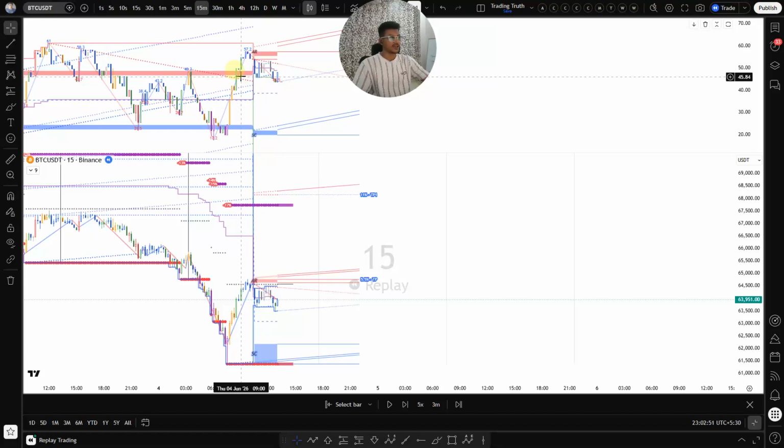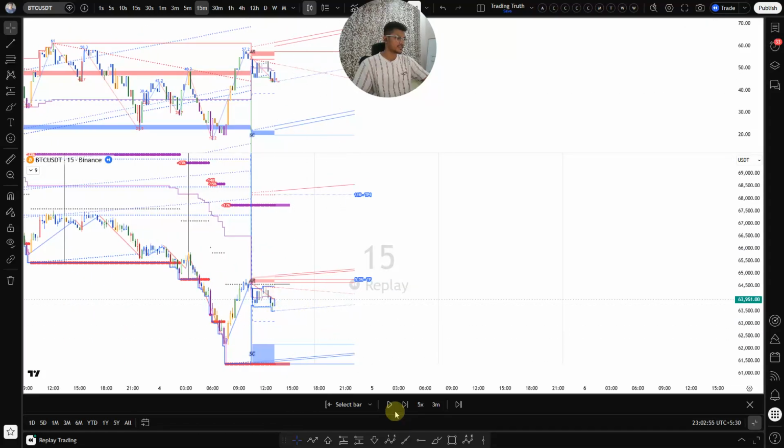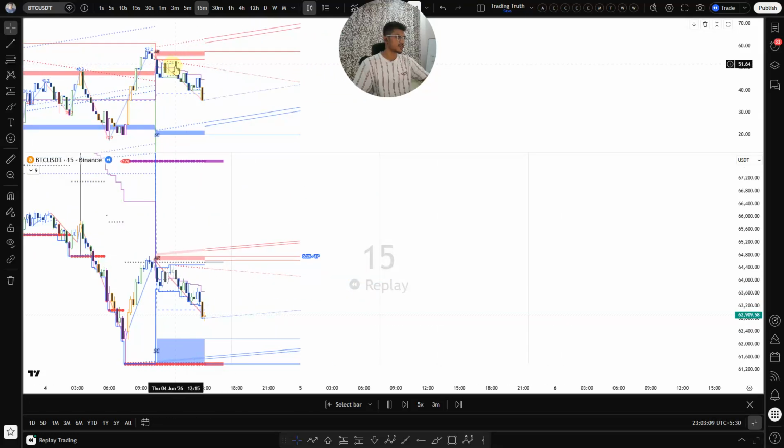So it basically tells you if the candle is telling the truth or not. That's why I call it Trading Truth Index.